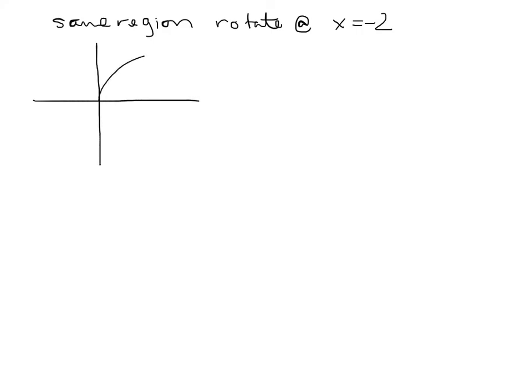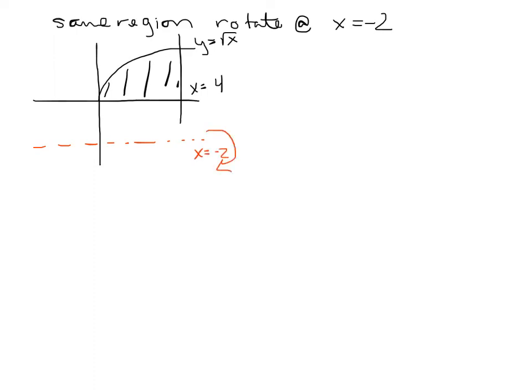So here's the same picture. y equals root x, x equals 4. This time, we are going to revolve about this line, x equals negative 2. We're going to be revolving about that one.